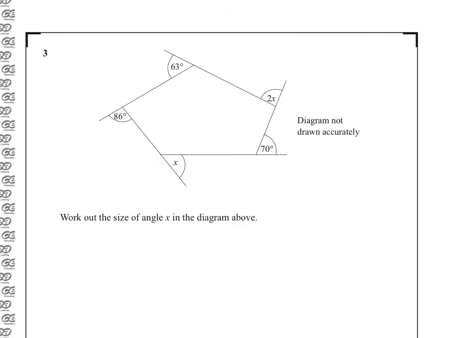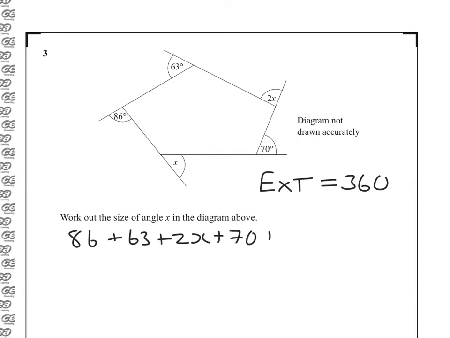In this question, we're asked to work out the size of the angle x, and the fact that we need to know is that the sum of the exterior angles is 360. So we have 86, 63, 2x, 70 and x, and they have to add to give 360. 86 plus 63 plus 70 is 219.